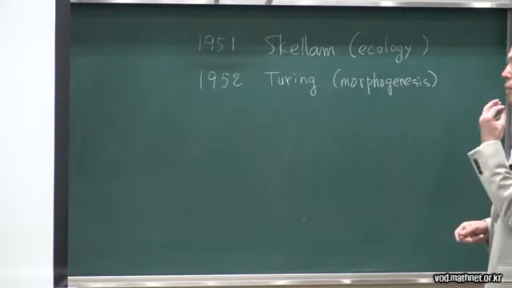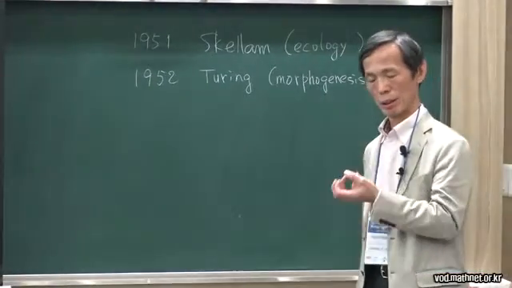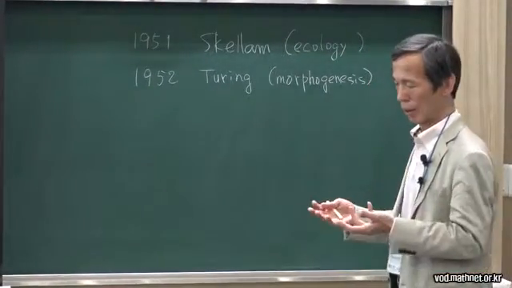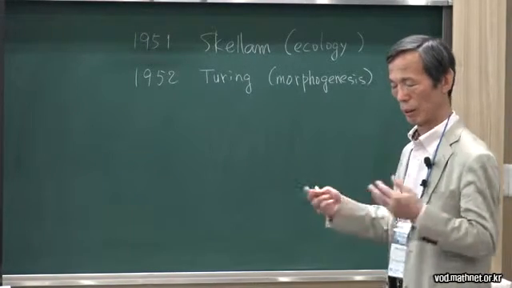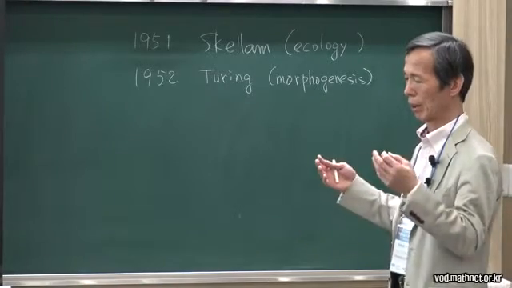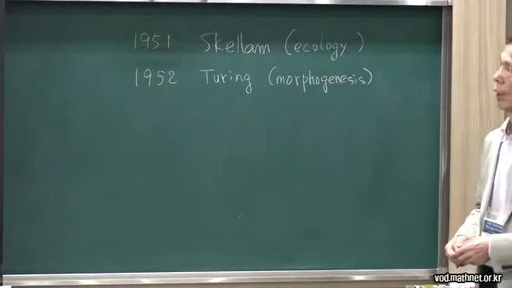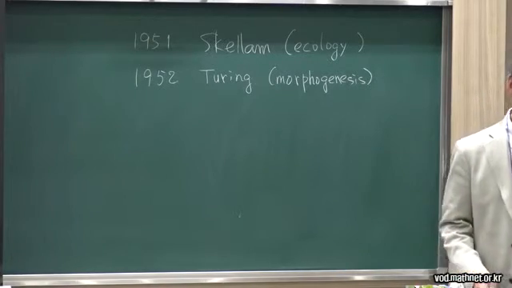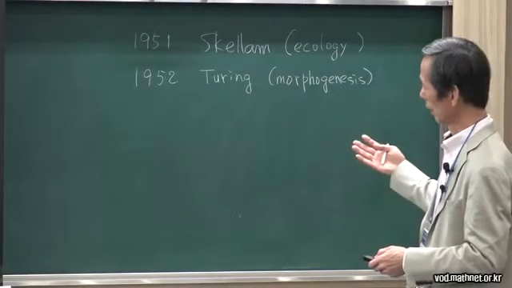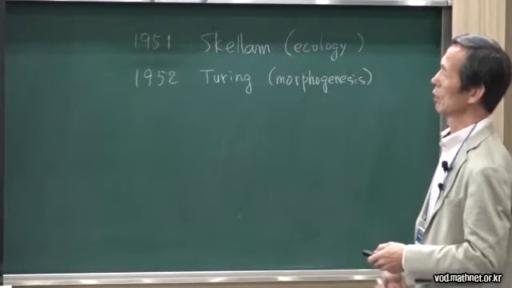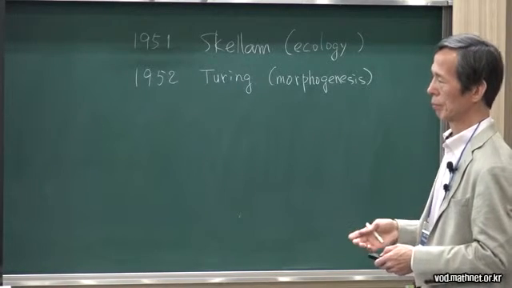And this chemical material was not identified at that time, and he called it morphogen, and he assumed that it satisfies... Okay, it's not like an animal, but it's a small molecule, so it exhibits random motion.